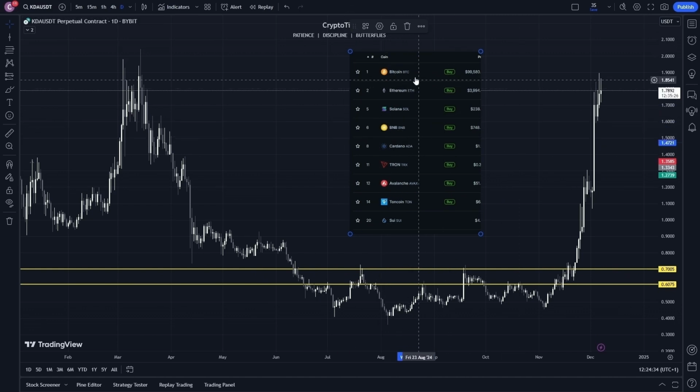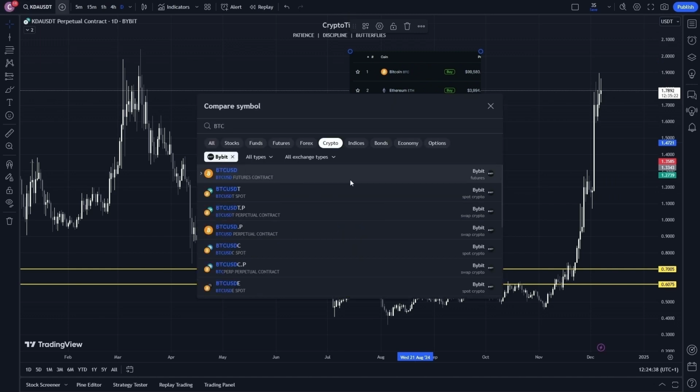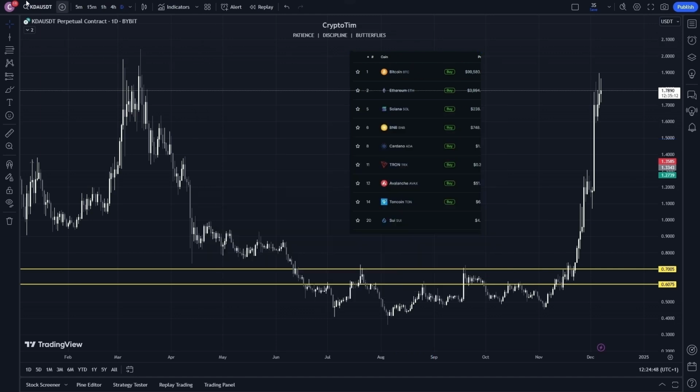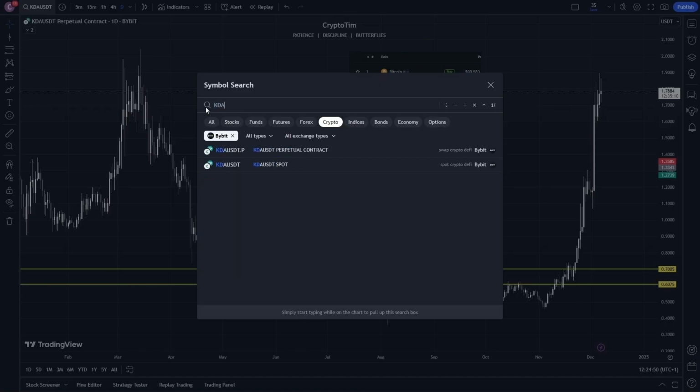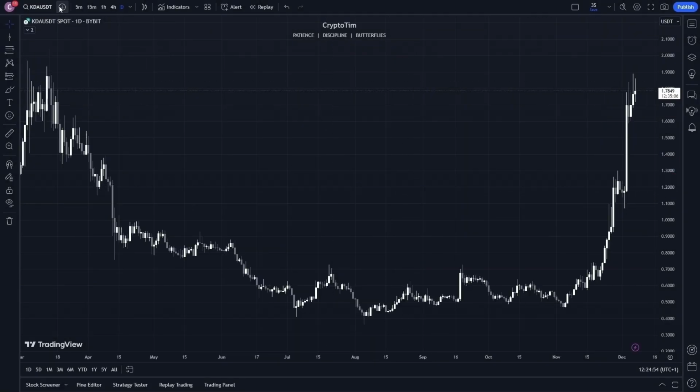We know Bitcoin had a big move up, but is it a good idea to compare to Bitcoin? I'm now on the perpetual chart. You can do this on the spot charts better, but okay, let's just keep it fair and do the spot charts as we should be doing.